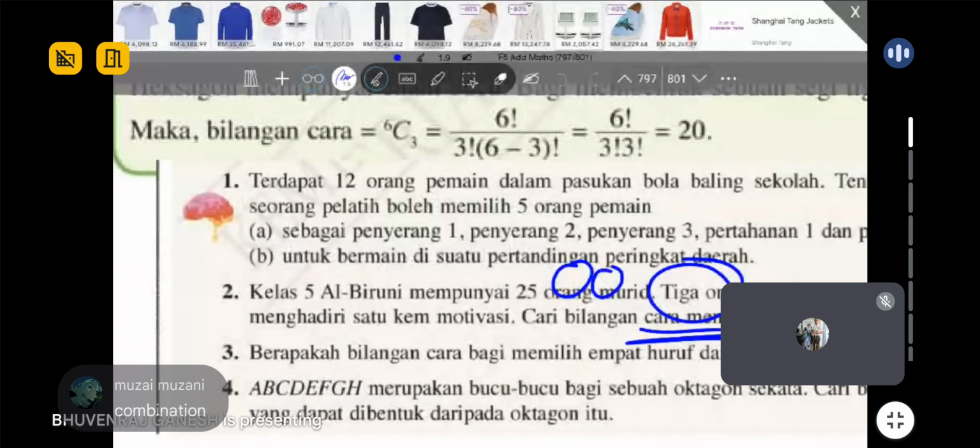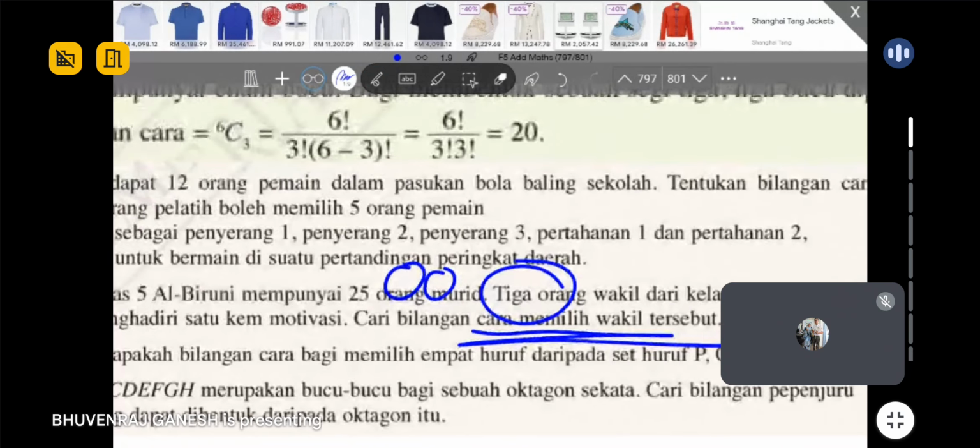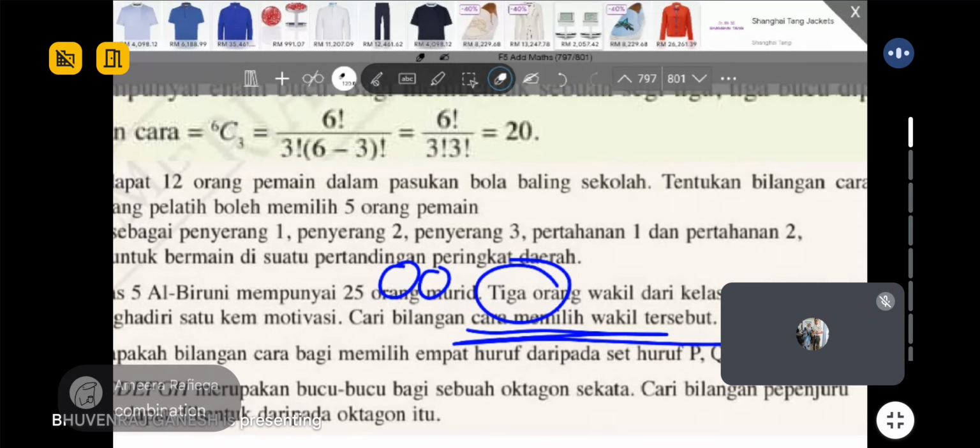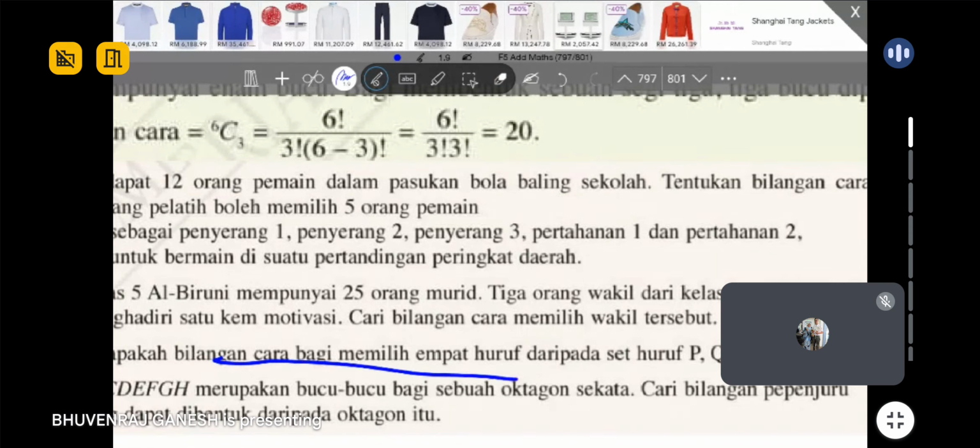So why combination? Because they ask the number of ways to select. Bilangan cara memilih. So the answer is 6C4. So 6C4, answer is 15. That's all. Very straightforward.